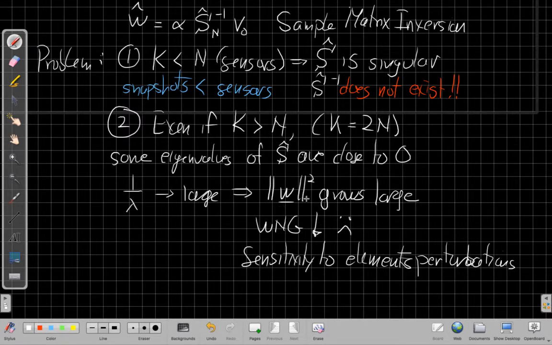So there are a lot of reasons I want to keep this small, and this is not helping. Unless I have a lot of snapshots, maybe more like 10N, I'm going to have problems with this. And there's a beautiful field of mathematics called infinite random matrix theory that has some very powerful results about how the sample covariance matrix eigenvalues are related to the true ones.